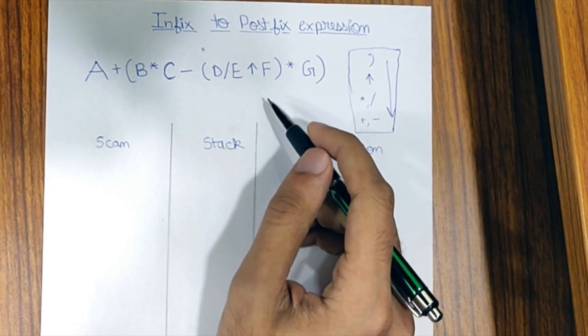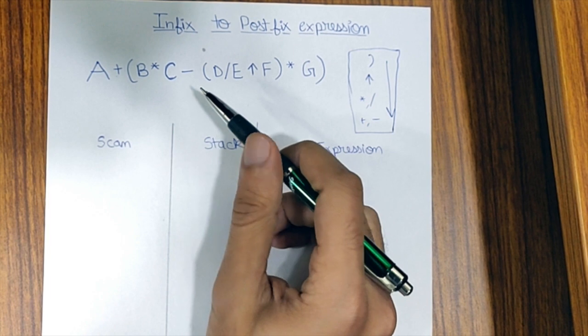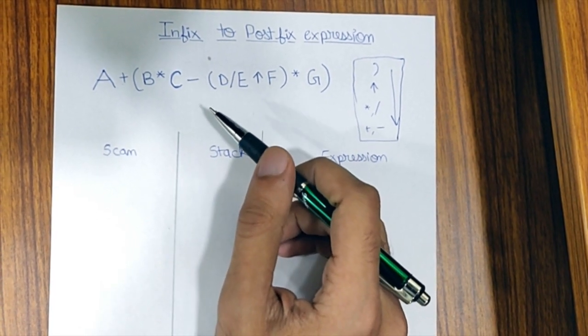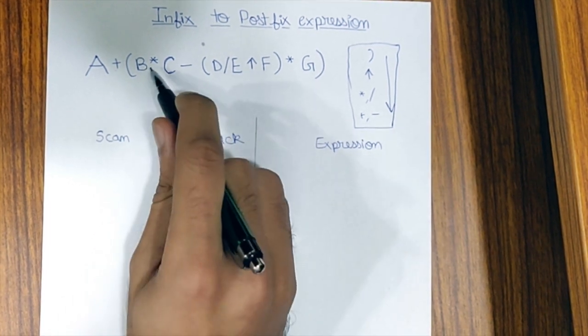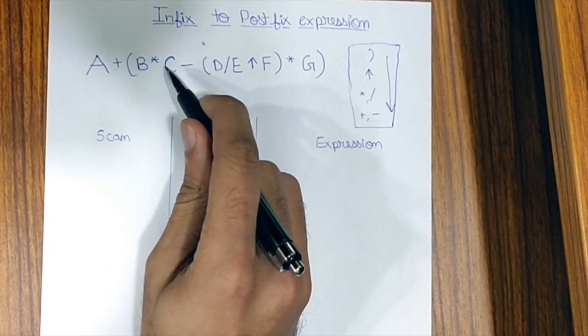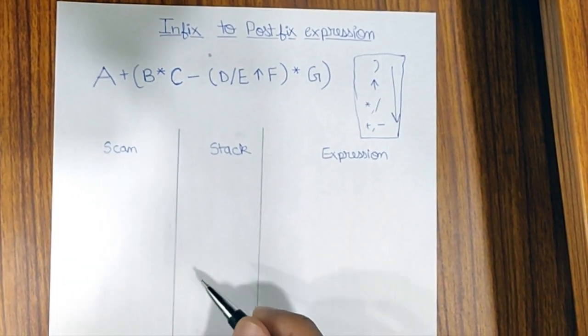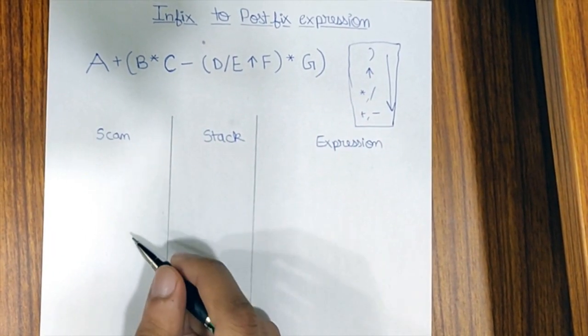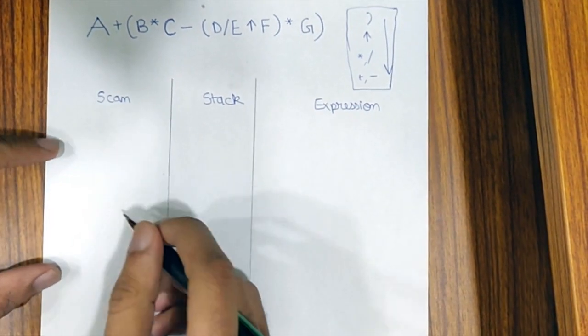Operands are the ones on which the operation is done, and operators are the ones used to do those operations. For example, in B star C, B and C are the operands and star is the operator. We'll be putting all these values one by one in the scan. Let's see what expression we get, and I will guide you through the process too.